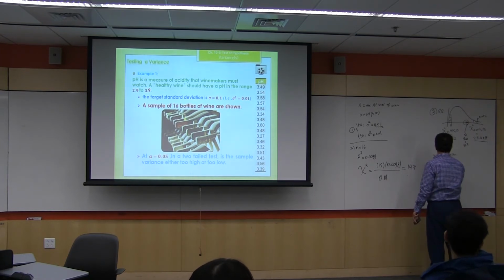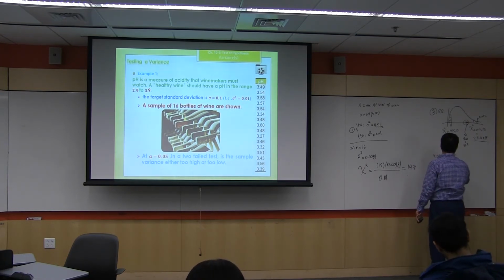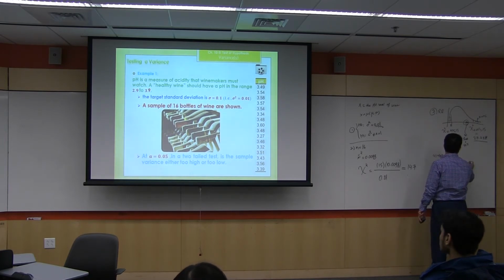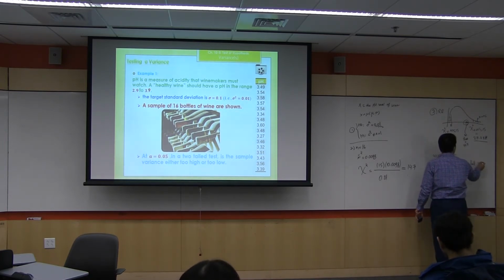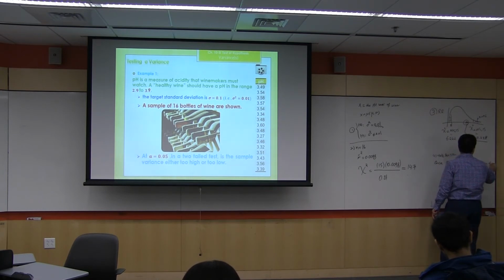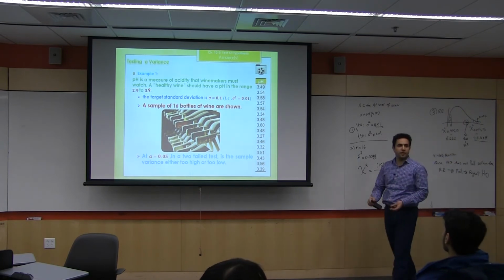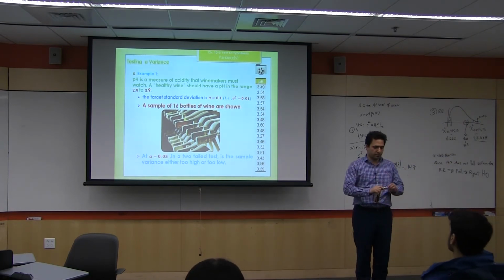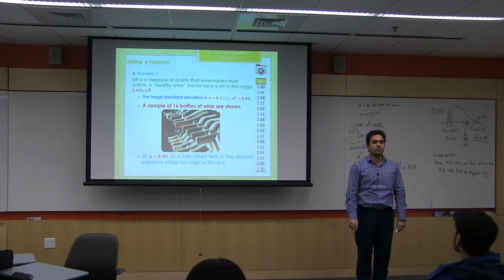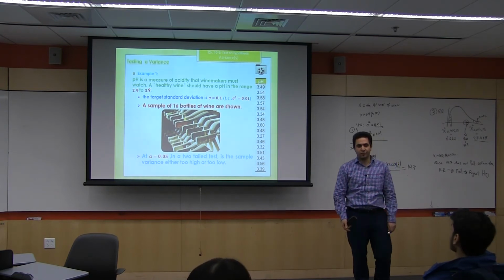Since 14.7 does not fall in the rejection region, you fail to reject H0. Meaning that wine is healthy. Drink, but do not drink too much.